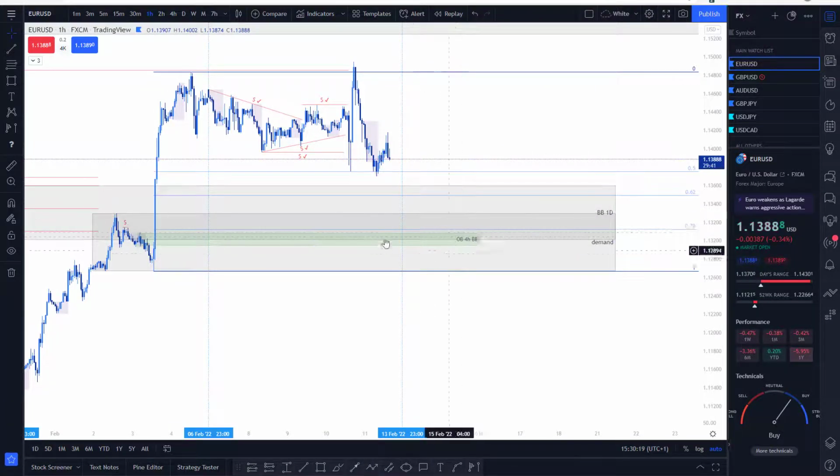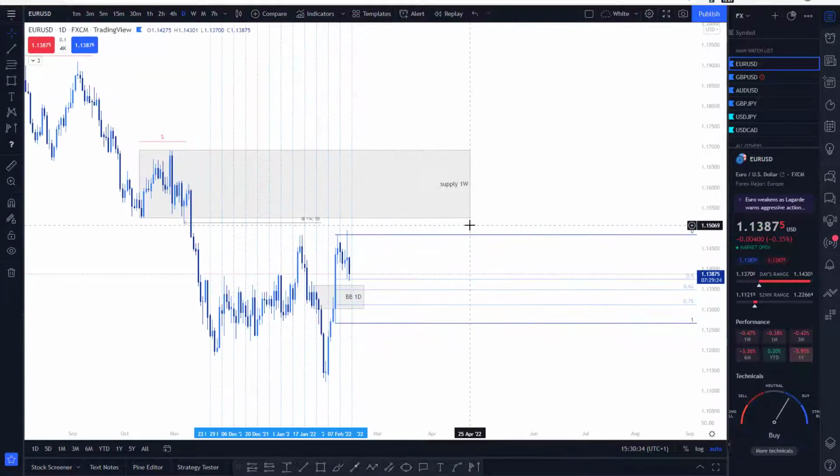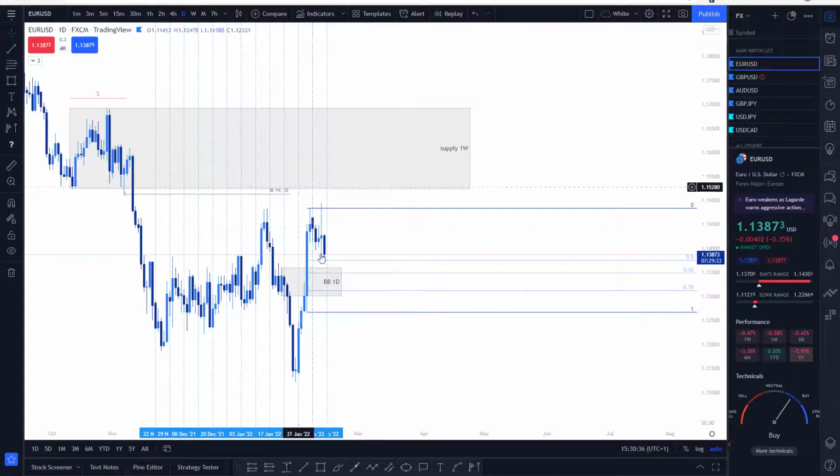And after that, I will see if this demand zone holds, then I'm still bullish, so I'm expecting the price to go higher, because if we see what's happening on the daily, well, technically speaking, the price turned bullish because it made a change of character here.